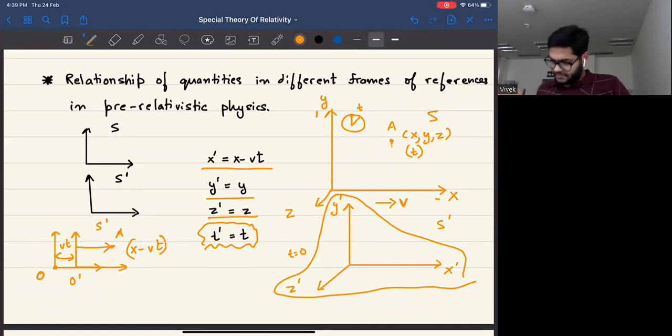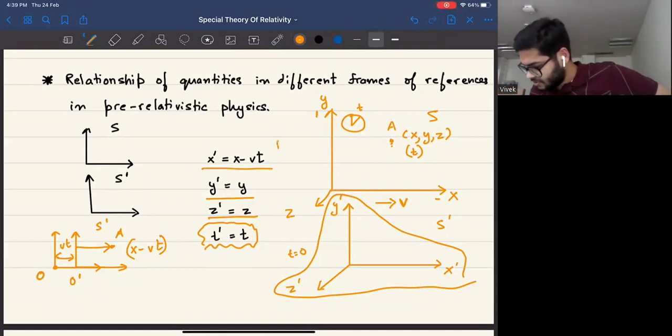So if the clock of S is showing time t, then the clock of S prime must also show a time t, because we know that both of them were showing a time t equals 0 when their origins were on top of each other.